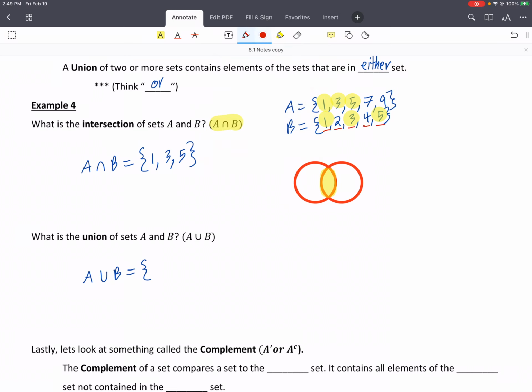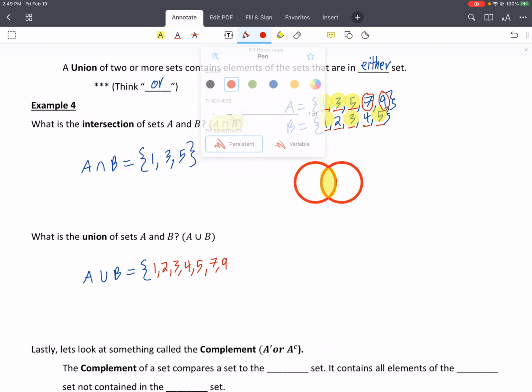Those are in B. So we've got the set of numbers 1, 2, 3, 4, 5. And we don't write duplicates. So 1 is already in there, 3 is already in there, 5 is already in there. And now we've got to put 7 and 9. So this would be 1, 2, 3, 4, 5, 7, 9. And that would be the set A union B.